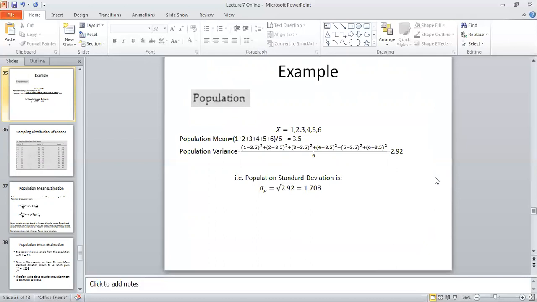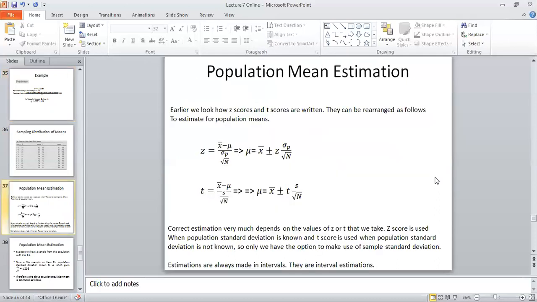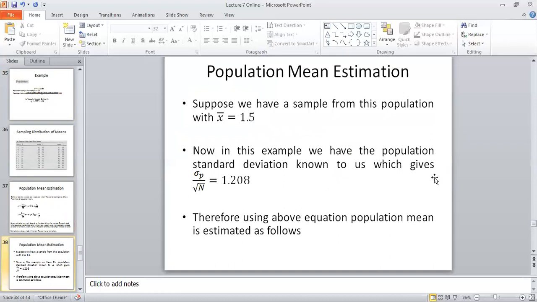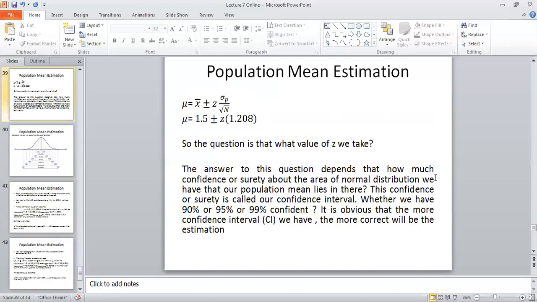So we have these results, and when we do this estimation we can see whether our estimation is correct or incorrect. But practically we do not have these things easily available. That's why we do the estimations. So by plugging in the values of x bar and the standard deviation of the sampling distribution of the mean, or SEM, which is 1.208, we get an equation which is something like this.